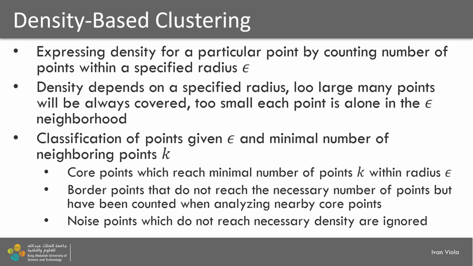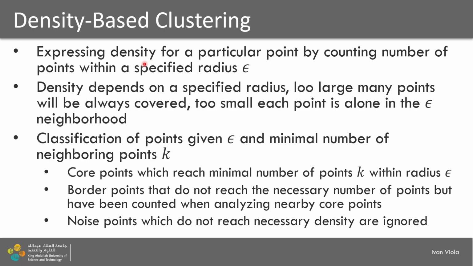So how can we go about that? Well, we need to define the property of a density somehow, and then this density will be the guiding approach for deciding on the clustering.